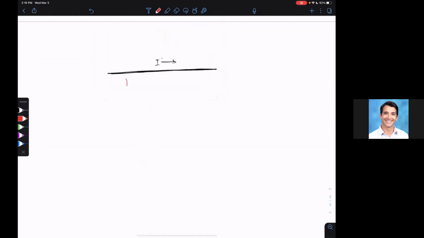So here's my hand grabbing on. This rule is a lot easier to draw. Our thumb in this case goes in the direction of I, and our fingers tell us the direction of B.